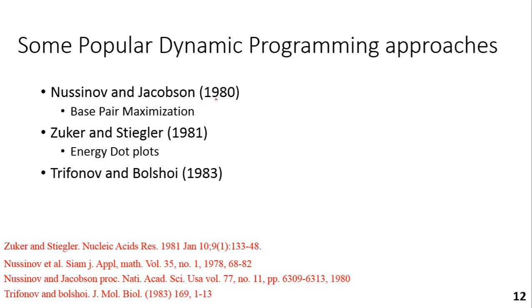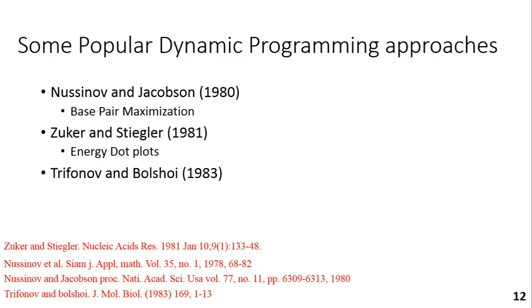But before this paper, Nussinov's group had also published one more algorithm, and that was quite elementary. That was published in 1978. So just remember that Nussinov has published 2 papers on RNA secondary structure prediction. We will come to this in a while.